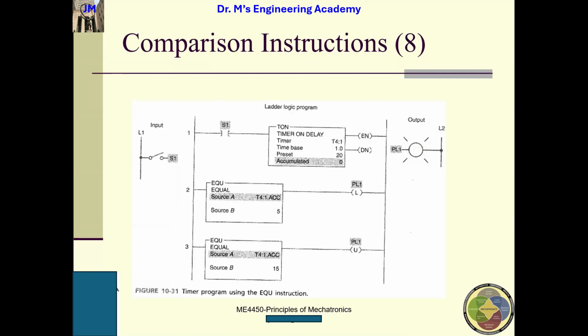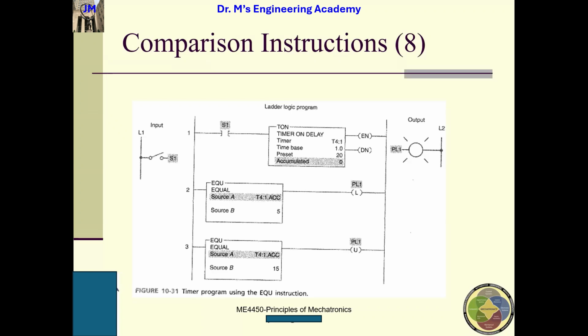And also comparison. We have a button here. When we put the button here, this is the input, and this is the output. This is the timer, the built-in timer of this PLC. If this is turned on, then this timer is triggered, with time base 1.0 and preset value 20. That means the wall time for this is 20 seconds.